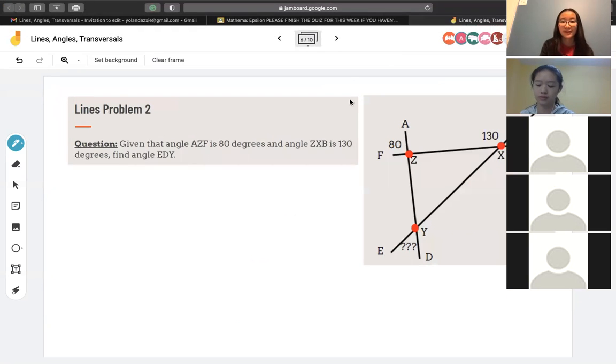All right, given that angle AZF is 80 degrees and angle ZXB is 130 degrees, then you should find angle EDY.